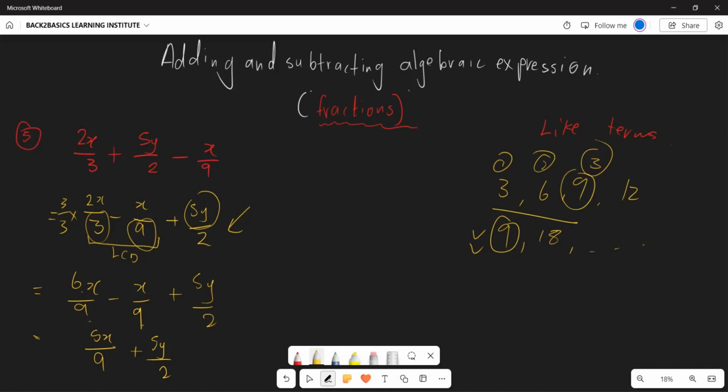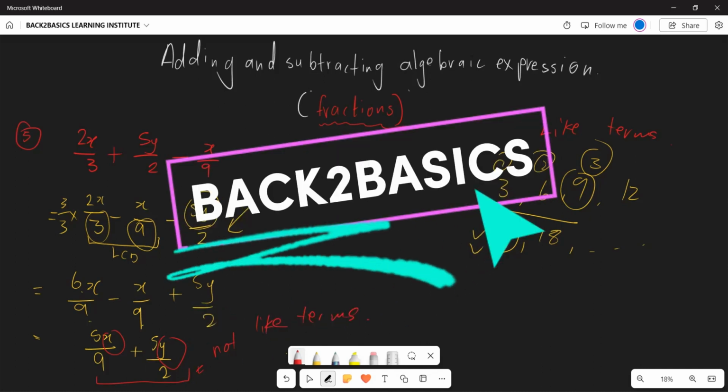Because look, here you have x and here you have y, right? So therefore, there is nothing that you can do with this one because these are not like terms altogether. So if these are not like terms, you cannot add or do anything with them, right? So that is as far as algebraic fractions are concerned.